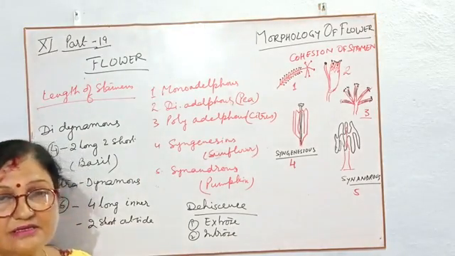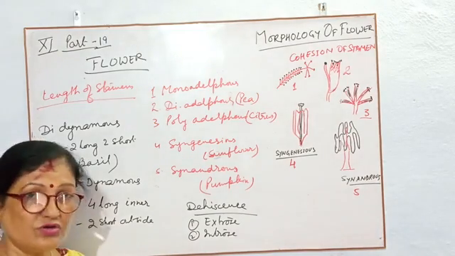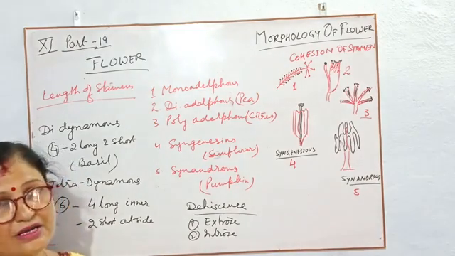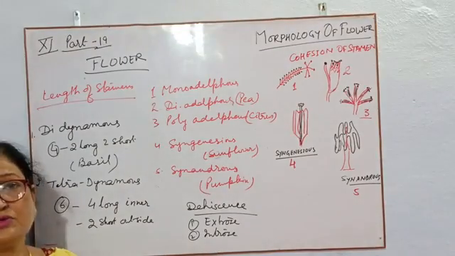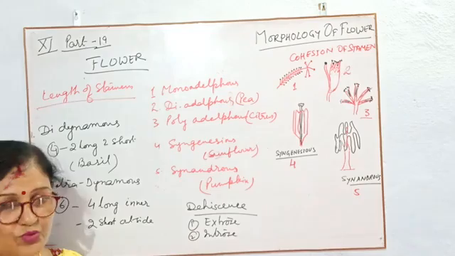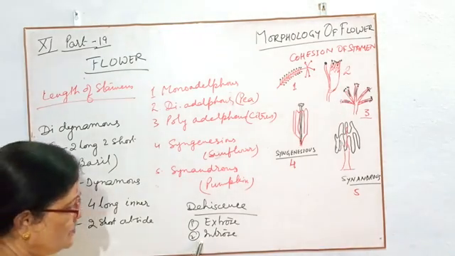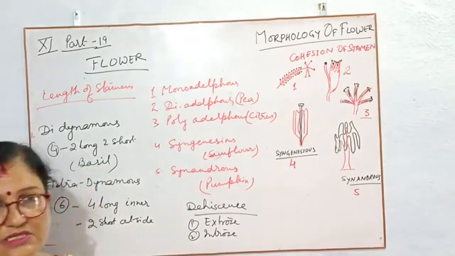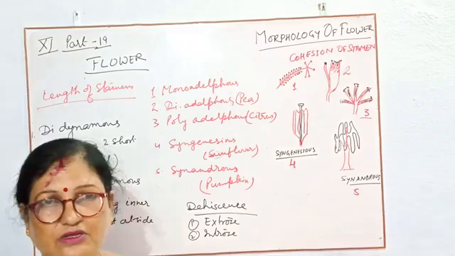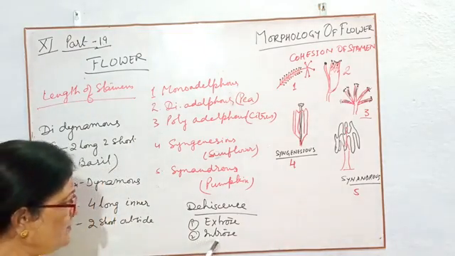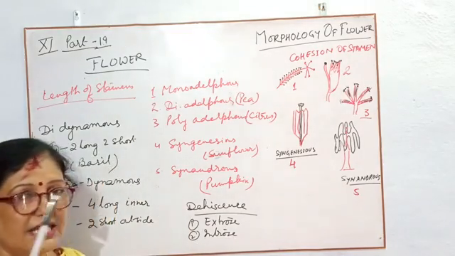So it can throw the pollen grains into the wind, and it can move to another flower with the help of wind. Next one, introrse. Introrse means towards inside. So in introrse dehiscence, the anther bursts towards the inside.